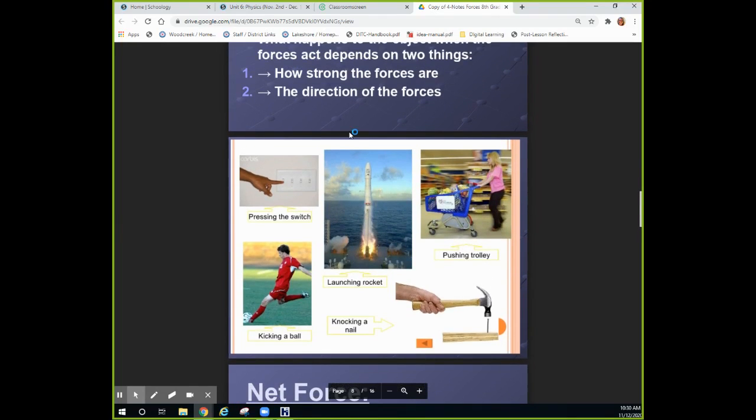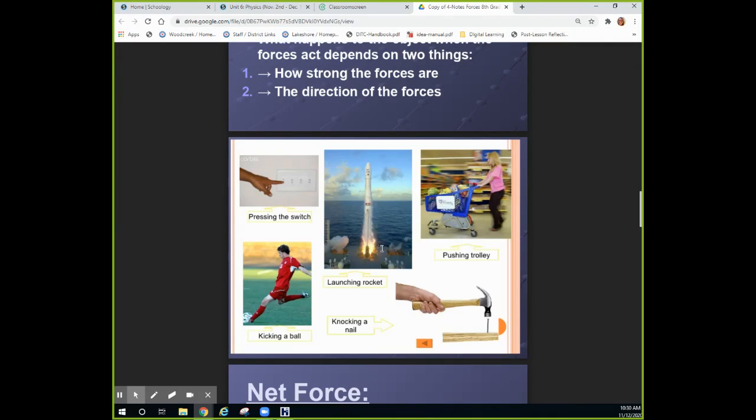So when you press a light switch to turn the light off, you push down. You apply a downward force, and the force that you're using is greater, so the movement is down. But what about when you launch a rocket?